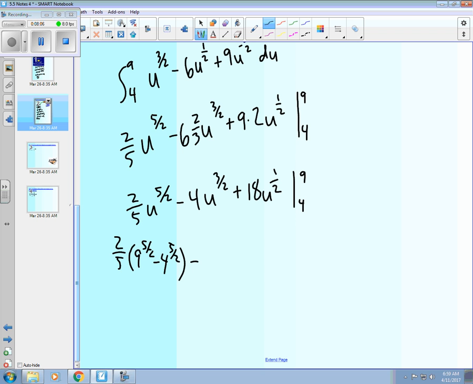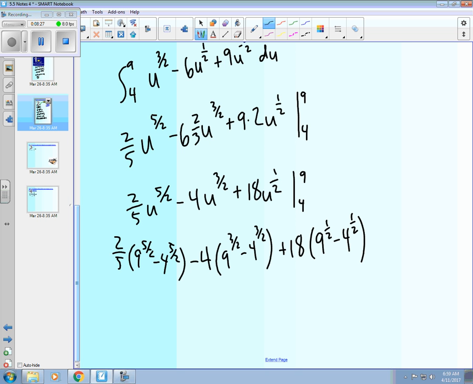Same thing on the next one. What do you get when you plug in 9, minus what do you get when you plug in 4? And let's do the same with the last one. And if you go through and simplify this, now you get it.